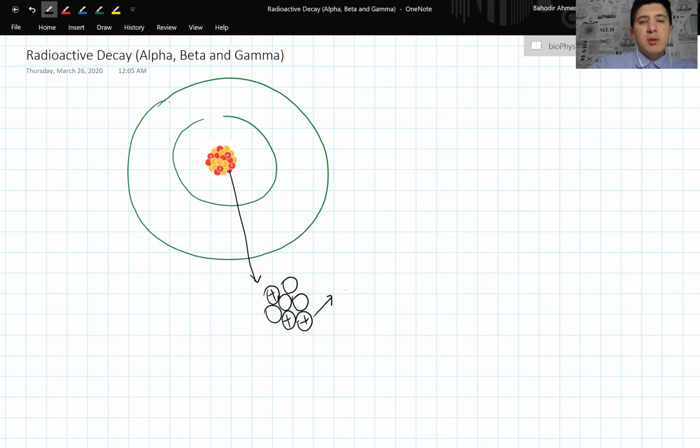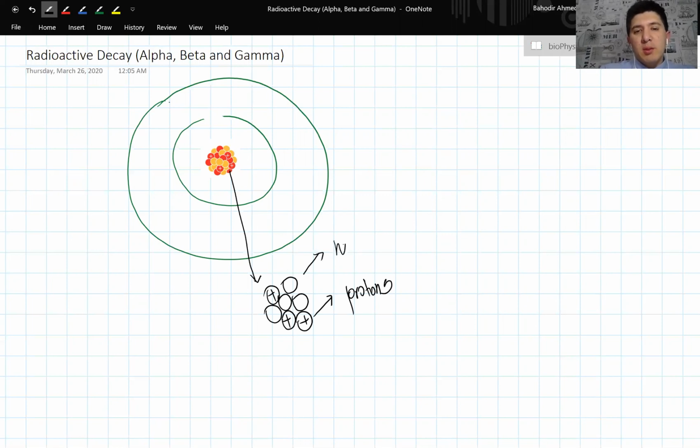The protons are positively charged subatomic particles, and the neutrons are neutrally charged subatomic particles. Every element in the periodic table has two numbers, and those numbers indicate the number of protons and neutrons this element has.